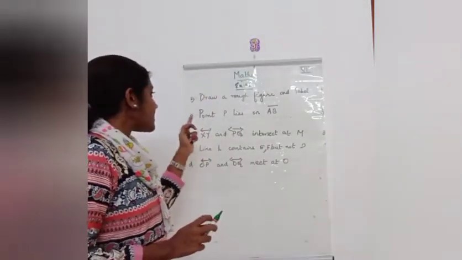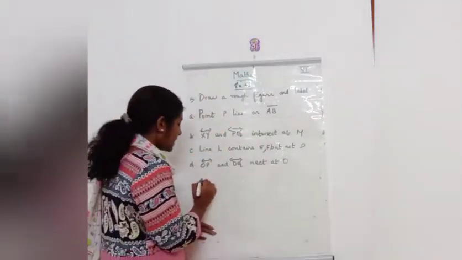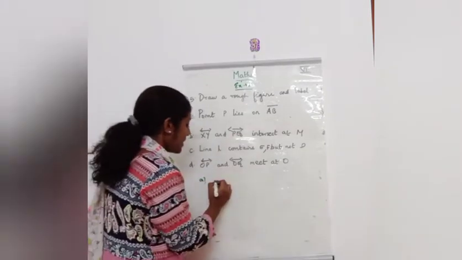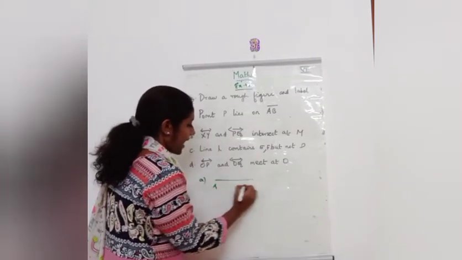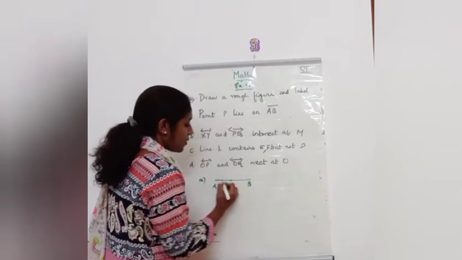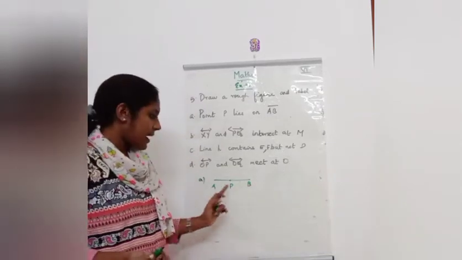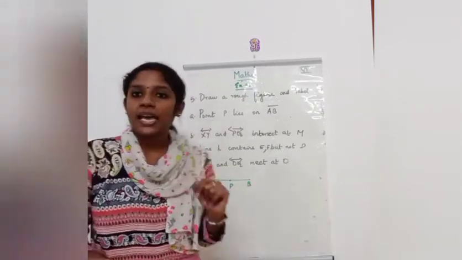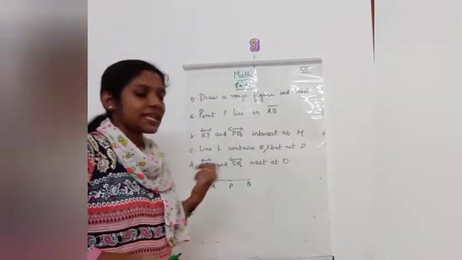Okay. So first question is point P lies on line segment AB. So line segment AB and point P lies on this. Easy, is it? A line segment AB വരയ്ക്കുക, point P lies on AB line segment. So that is easy.